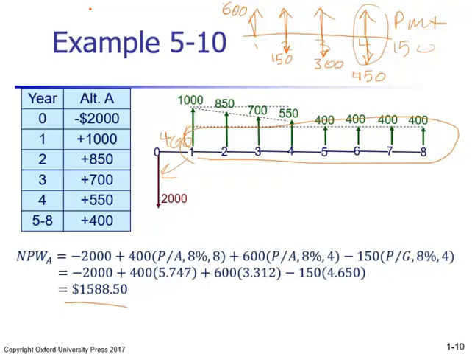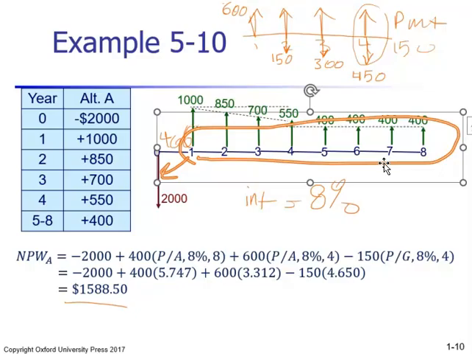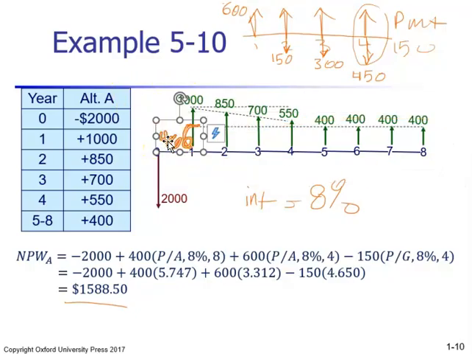And the last thing I want to share with you on this page: if somebody tells you that in the world of interest of 8%, they are selling you an 8-year bond that on year 1 gives you $1,000 cash, year 2 $850, year 3 $700, and like that.